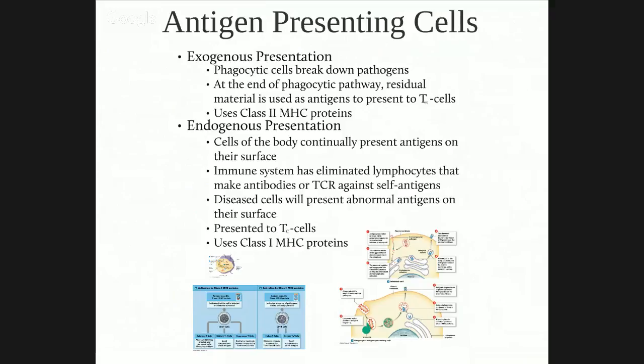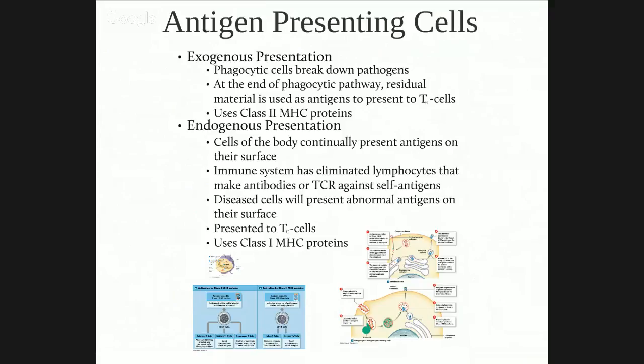Or neurons will present bits and pieces of acetylcholine receptors or voltage-gated sodium channels, or any of the kind of things that we've met. Those are going to be things that are on the surface of a cell or in the extracellular matrix anyways.